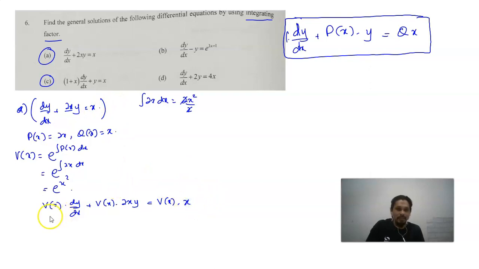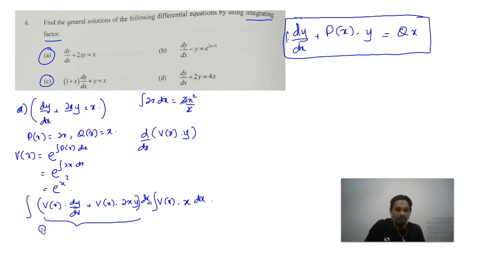Then if we integrate everything with respect to x, the whole terms on the left side are actually the derivative of V(x) multiplied with y.